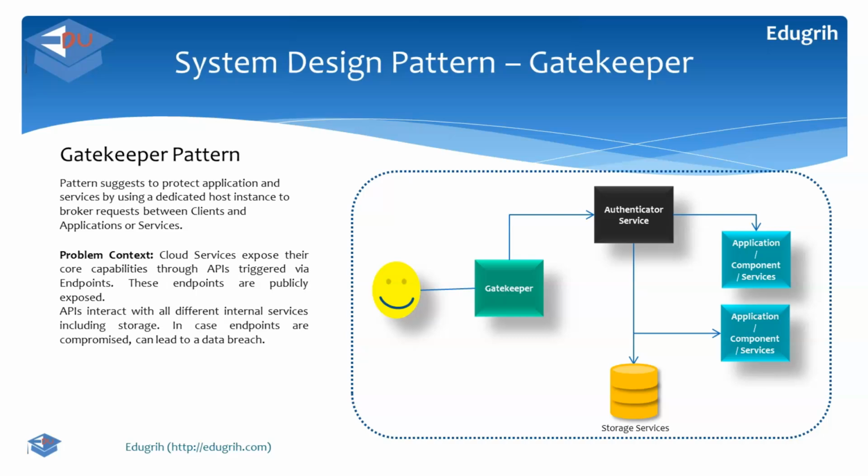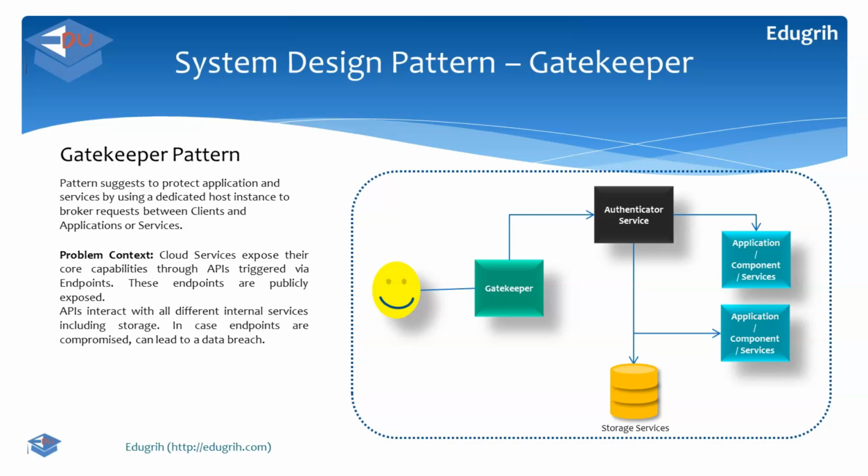Now, what the gatekeeper pattern suggests is separating out a different host in itself which will take care of validating as well as sanitizing any request which appears in the system, keeping all the services aloof from this entire responsibility, be it application services or any of the storage services.